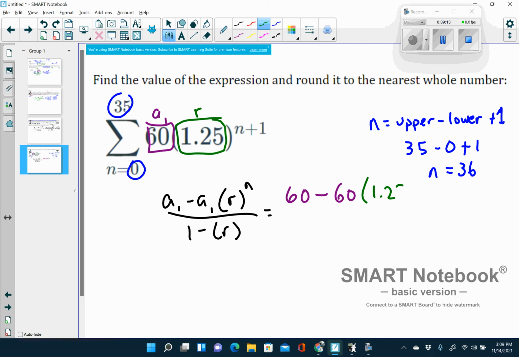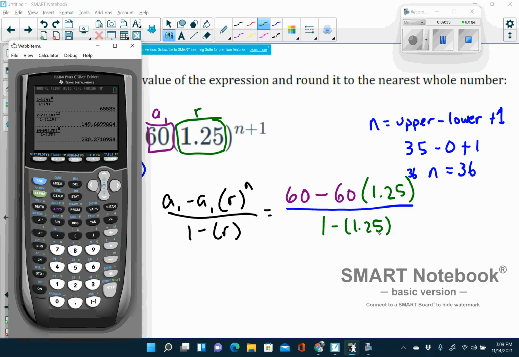So 1.25. I'm going to close my parentheses. My n, we just figured out, is equal to 36. So I put to the 36 power all over, and on the bottom, it's going to be 1 minus the R. So 1 minus my R again is 1.25. So I'm going to go ahead and pull my calculator up.